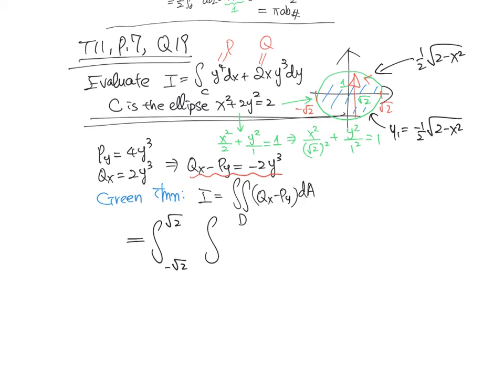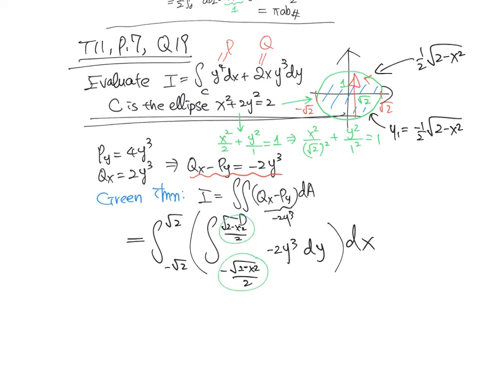So this is minus square root of 2 minus x squared over 2, and this is square root of 2 minus x squared over 2. So this one equals the integral of minus 2y cubed dy and then dx.